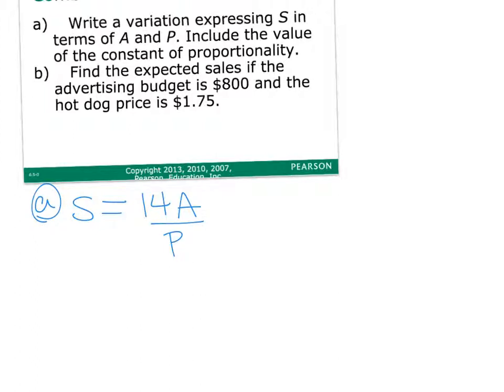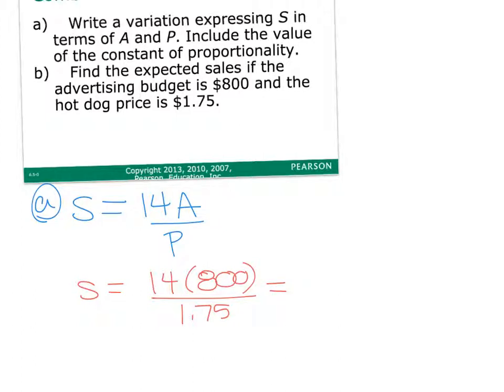Find the expected sales if the advertising budget is $800 and the hot dog price is $1.75. Okay, so this time they increased the advertising budget to $800, but they also increased the price of the hot dog to $1.75. How much are they going to sell this week?